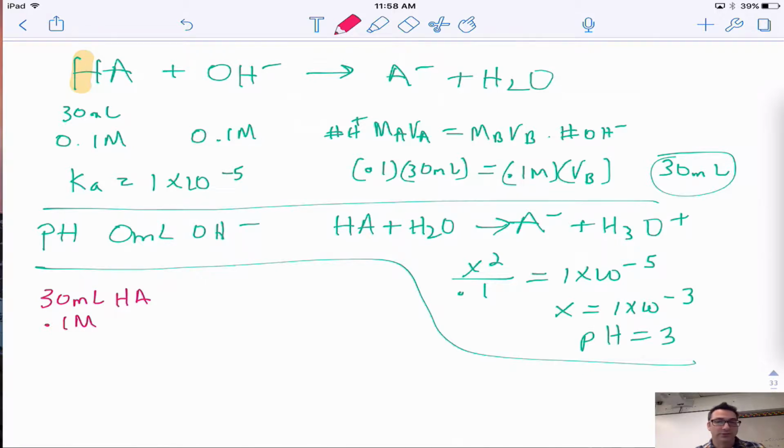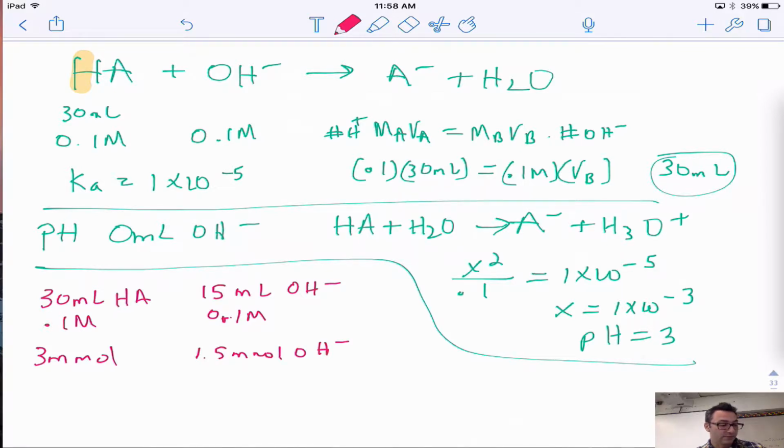And so that would actually give us, instead of moles, something called millimoles, which are a little bit easier to work with because the numbers aren't as small. So that would just be 0.1 times 30, so that would be 3 millimoles. And let's say that I added my 15 milliliters of my OH minus, which also is 0.1 molar. And so that value would give me 1.5 millimoles of OH minus.